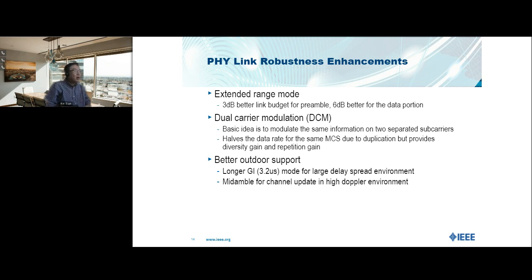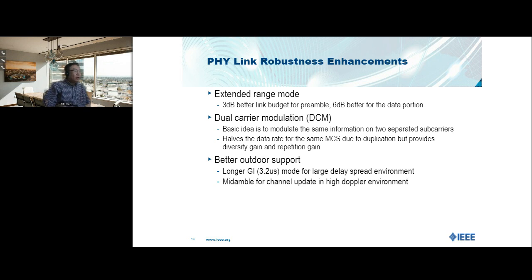In that mode, it can provide 3 dB better link budget for the preamble, and even better for the data portion, 6 dB, because sometimes the data portion has much more data than the preamble. With much more data, you generally need a bit more link margin than for the short preamble. This is the reason you can improve the data portion more than the preamble.